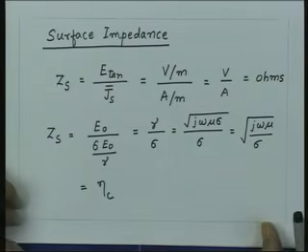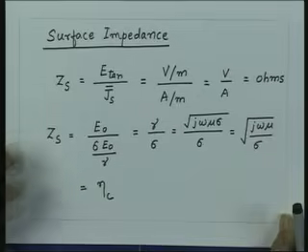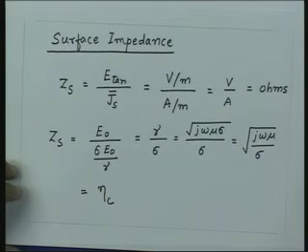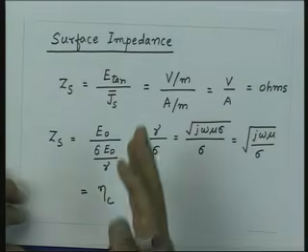Once we have this surface current density, we can ask how much is the power loss because of this current which is flowing in the surface of this conductor. So what we now try to do, we take a surface and ask, if I have a unit area on this surface, how much is the total power loss in this unit area of the conducting surface?